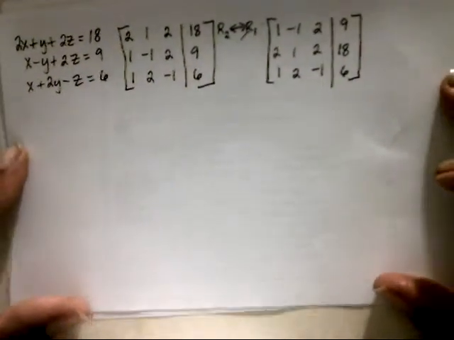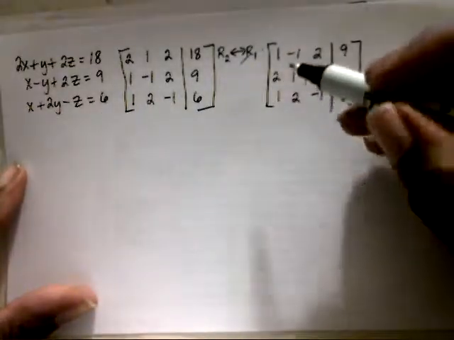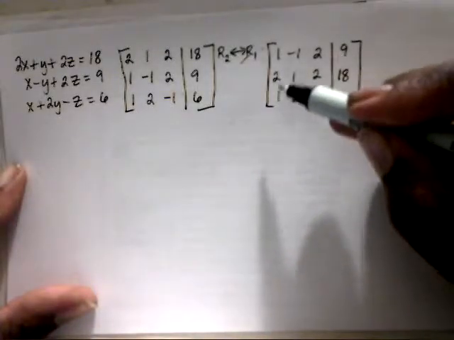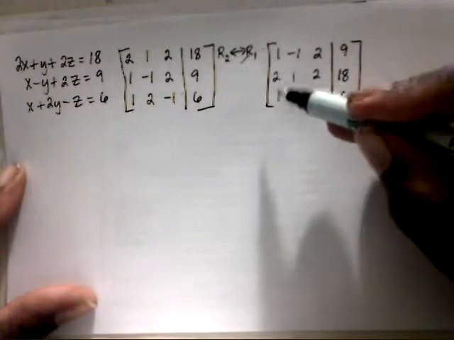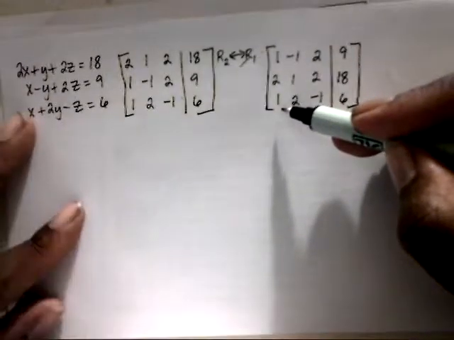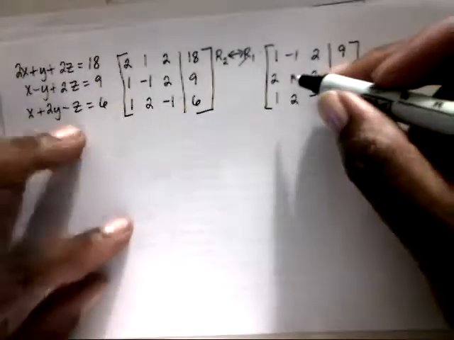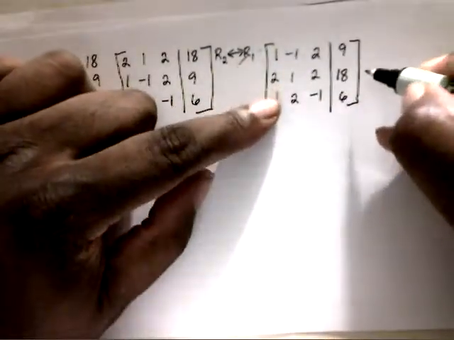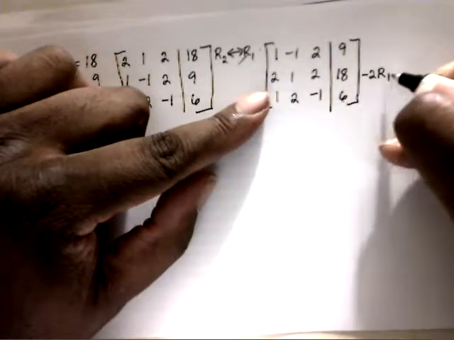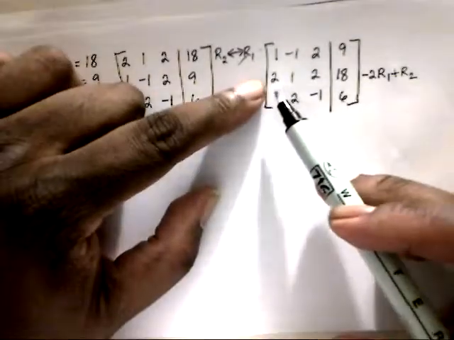Now, what I'm going to try to do here is get zeros underneath this 1, because I want 1s along the main diagonal. So I want a 0 underneath this first 1. I'm going to do 2 matrix row operations here. On the second row, it's a positive 2, so for me to have a 0, I need to do negative 2 times row 1, and then add that to row 2. Why negative? Because this is a positive.